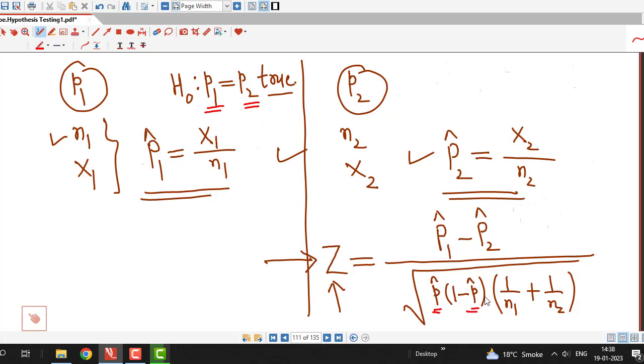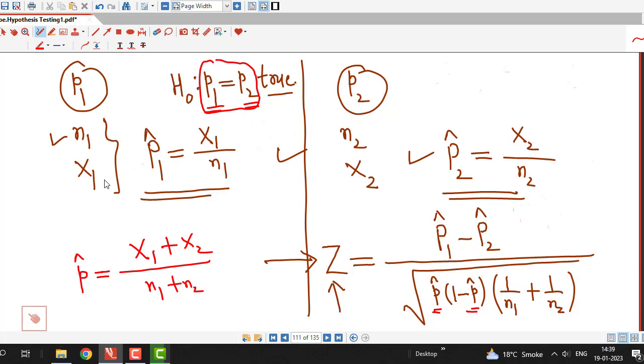That P hat is the estimator of this common value of the population proportion, and P hat is given by this formula: x1 plus x2 divided by n1 plus n2.